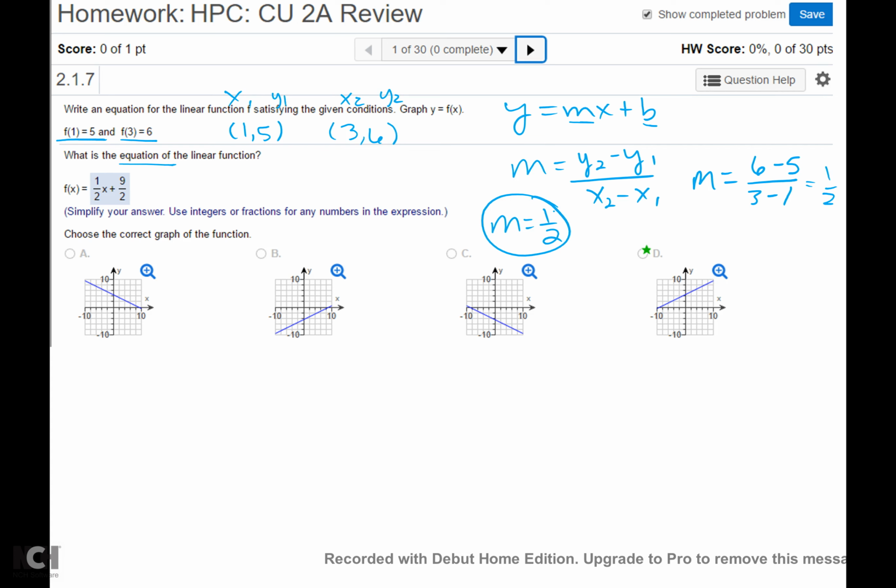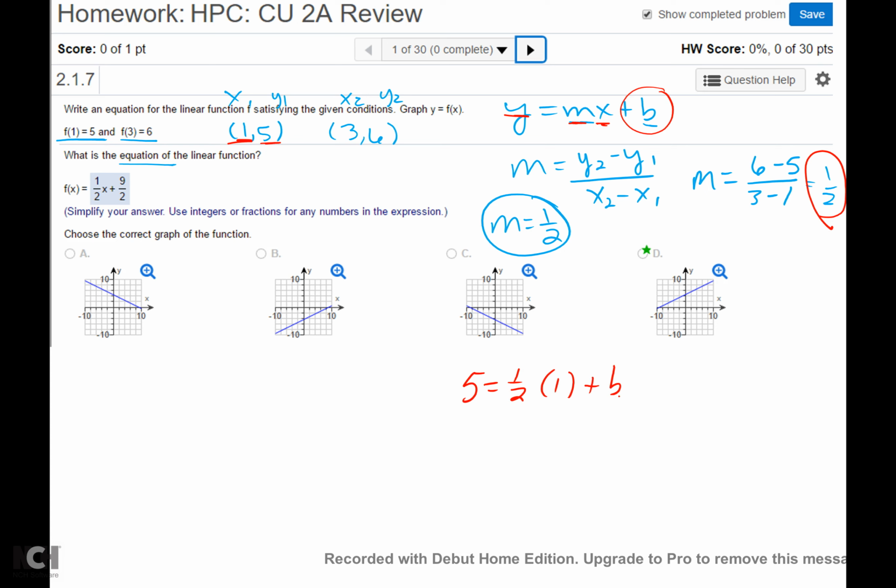To figure out b now, I can take either one of these ordered pairs. I'm going to pick this one, so I'm going to pick that x, that y, and my slope, and I'm going to plug in the y, the m, and the x so that I can solve for b. So I substitute 5 for y, 1/2 for m, 1 for x, plus b.